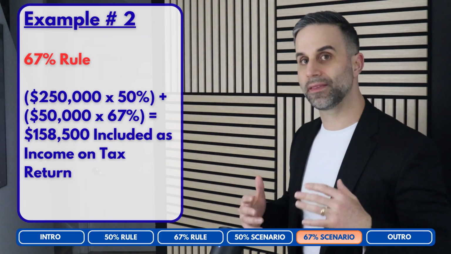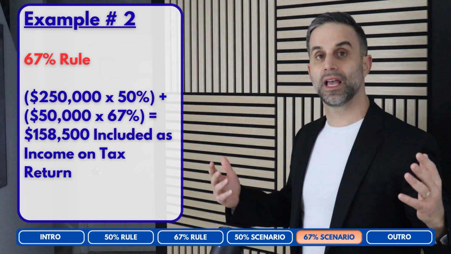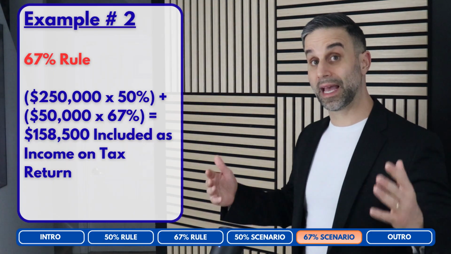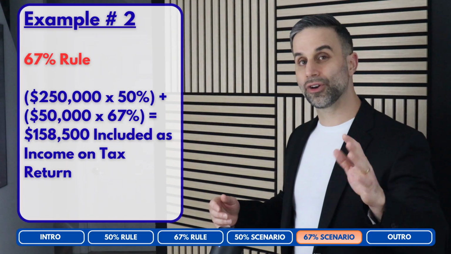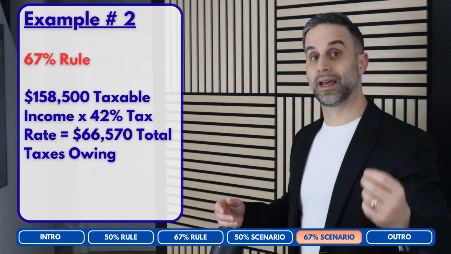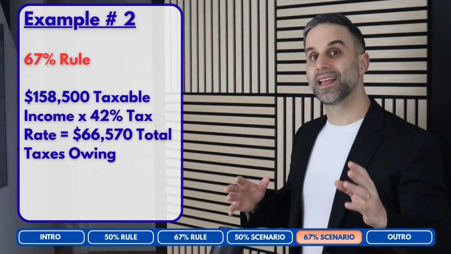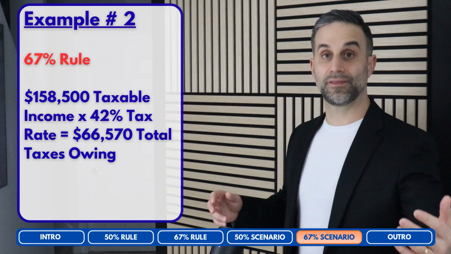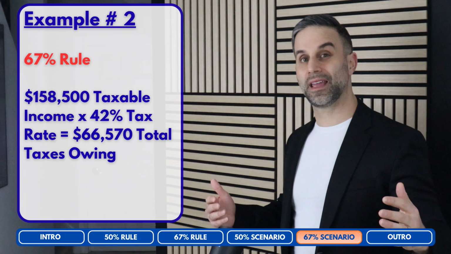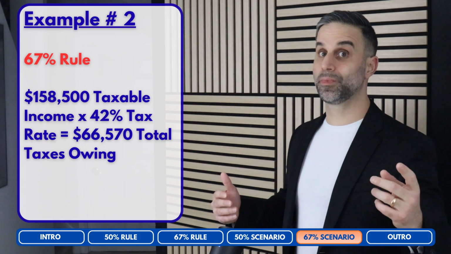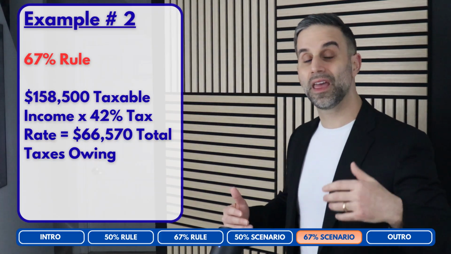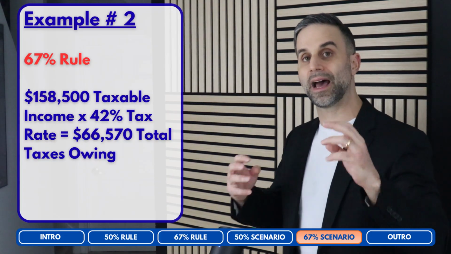Now, if we make the average salary in Canada, which is $65,000, plus you're adding the $300,000 capital gains, that would mean that you're going to pay roughly 42% on the $158,000, which is roughly $68,000 that you're going to have to pay in taxes. So again, that's pretty rough. You're paying $68,000. However, it's much better than the $150,000 or the $167,000 that some of you might have thought you would have to pay.